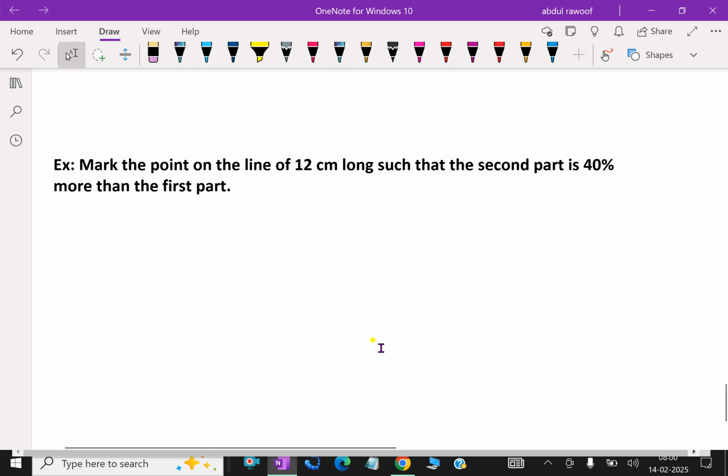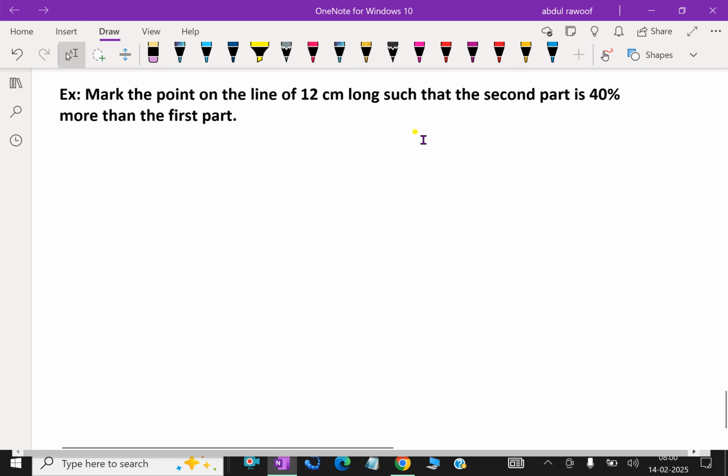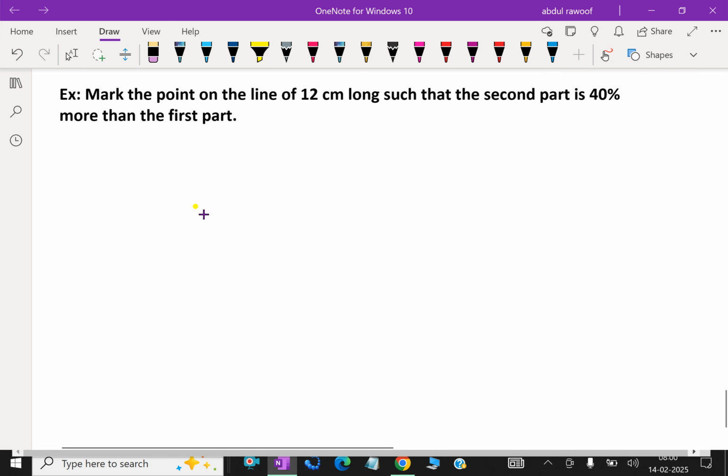Now, next question. Mark a point on a line that is 12 centimeters long, such that the second part is 40% more than the first part. That means, suppose we have a line whose length is 12 centimeters.